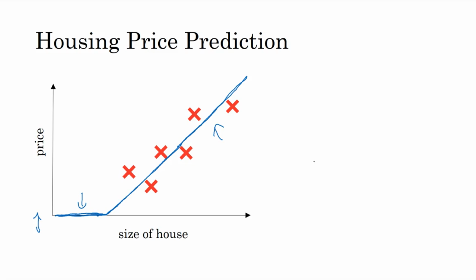So you can think of this function that you've just fit to housing prices as a very simple neural network. It's almost the simplest possible neural network. Let me draw it here.